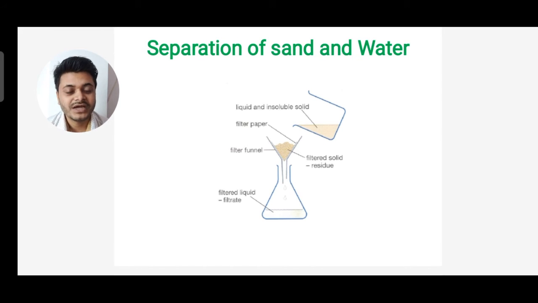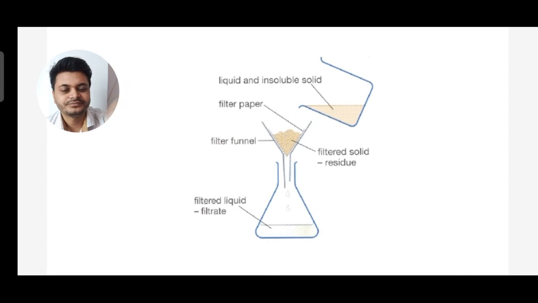It will not pass through the pores of the filter paper, because the pores are very small and minute, whereas the sand particles are bigger. But in the filtrate, you can see the droplets of water being filtered, and the container is getting filled.